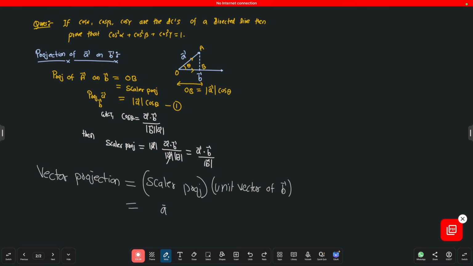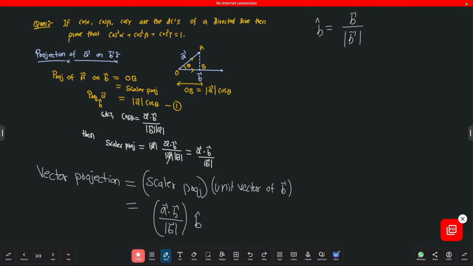Scalar projection value is A dot B upon mod B, and unit vector means B cap. This is the vector projection, because A dot B is a scalar quantity, mod B is a scalar quantity, so this part is scalar and B cap is vector. Do you know what B cap means? B cap means vector B upon mod B.